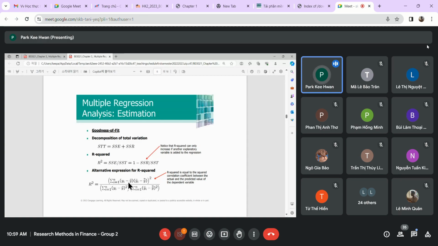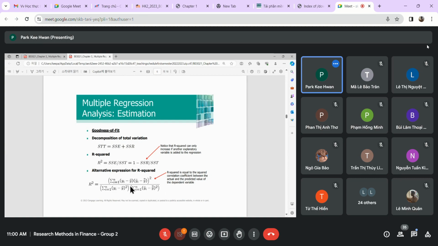There is an alternative expression for R square. If you look at this formula, R square is the ratio of the squared covariance between yi and y hat over the product of the variance of y and the variance of y hat. This is exactly the squared correlation coefficient between the actual yi and the predicted value y hat.